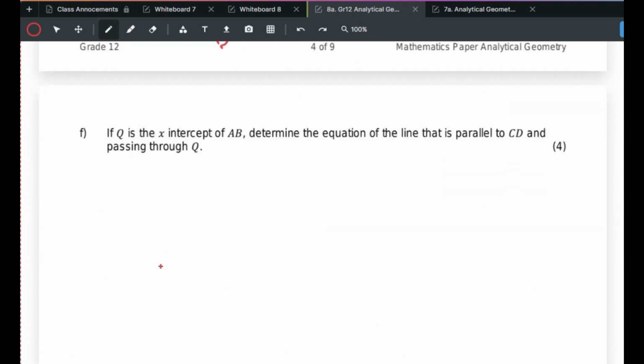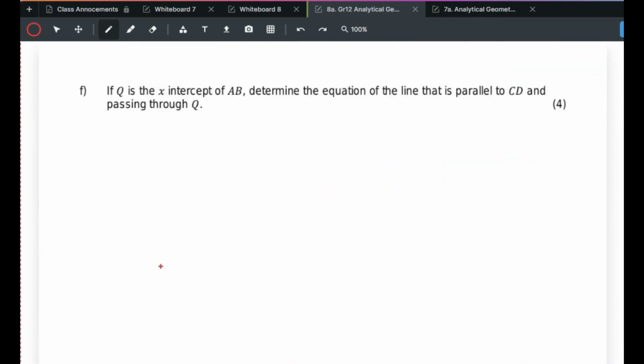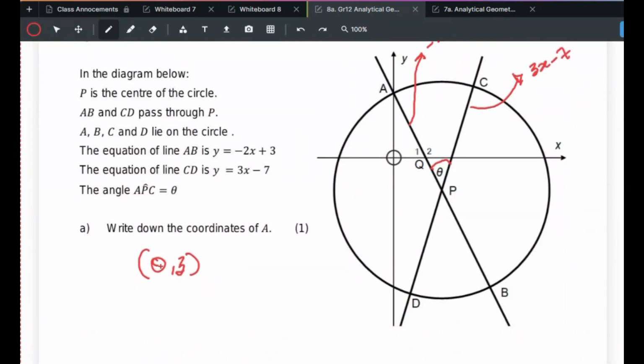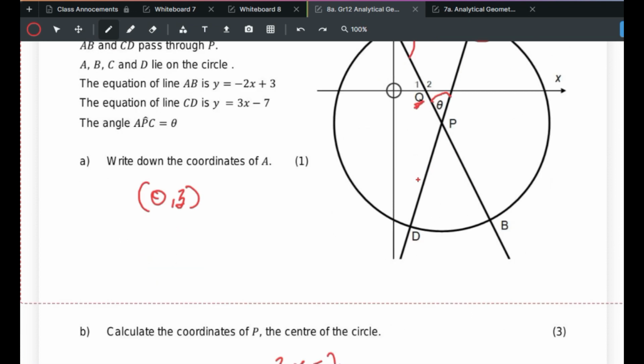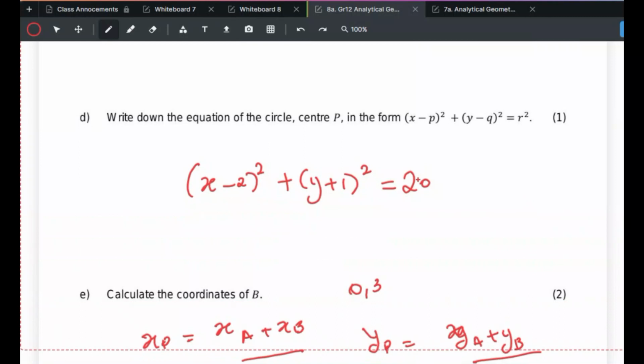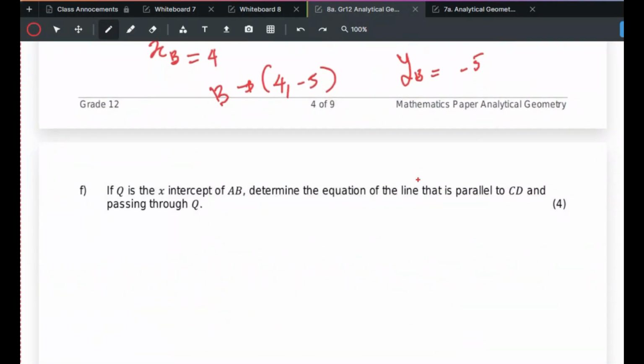Now for F, they say if Q is the x-intercept of AB, determine the equation of the line that is parallel to CD passing through Q. So where is this Q? There's Q. Q is the x-intercept of AB.